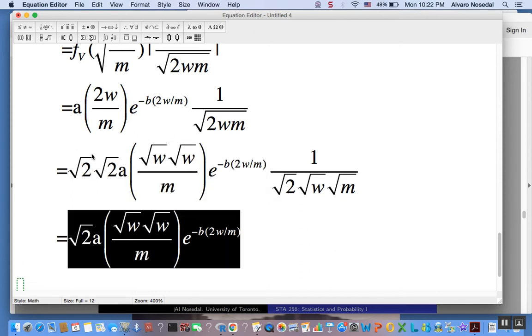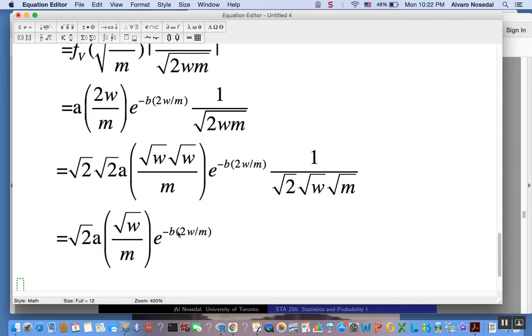Because this guy, square root of 2, will cancel out with this guy, square root of w will cancel out with this one, and this one here is not going to cancel out, but m is the same as m to the power of 1, square root of m is the same as m to the power of 1/2, so let me rewrite that product as m to the power 3 divided by 2.